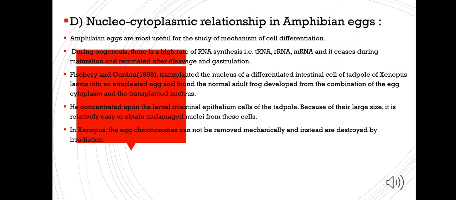Gurdon, 1968, transplanted the nucleus of a differentiated intestinal cell of a Xenopus laevis tadpole into an enucleated egg, and a normal adult frog developed from the combination of the egg cytoplasm and the transplanted nucleus. Because of their large size, it is relatively easy to obtain undamaged nuclei from these cells. In Xenopus, the egg chromosomes cannot be removed mechanically; instead they are destroyed by irradiation.